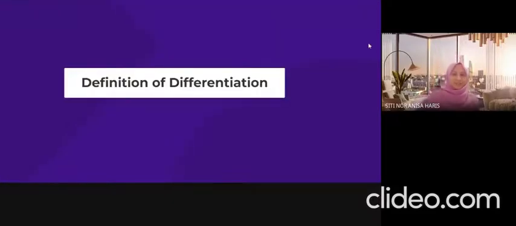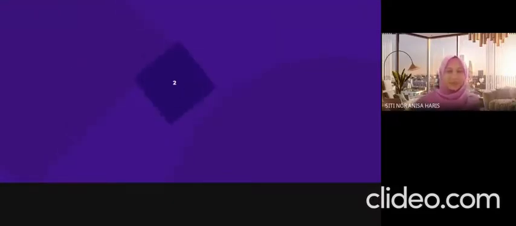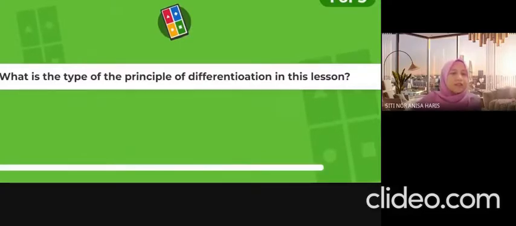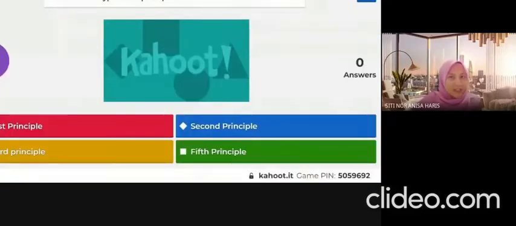Definition of differentiation. First question: what is the type of the principle of differentiation that we learn in this lesson today?